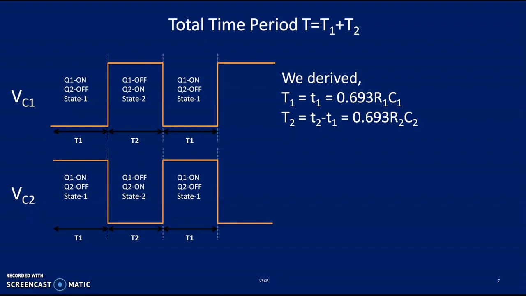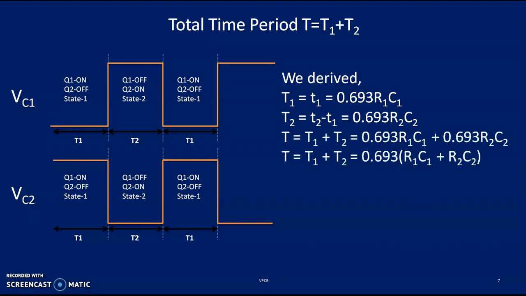Here capital T1 is the Q1 on time, capital T2 is the Q2 on time. That is state 2 time, and capital T1 is state 1 time. So here we derived capital T as 0.693 times (R1 C1 plus R2 C2). From the waveform itself, the total time period is nothing but capital T1 plus capital T2.